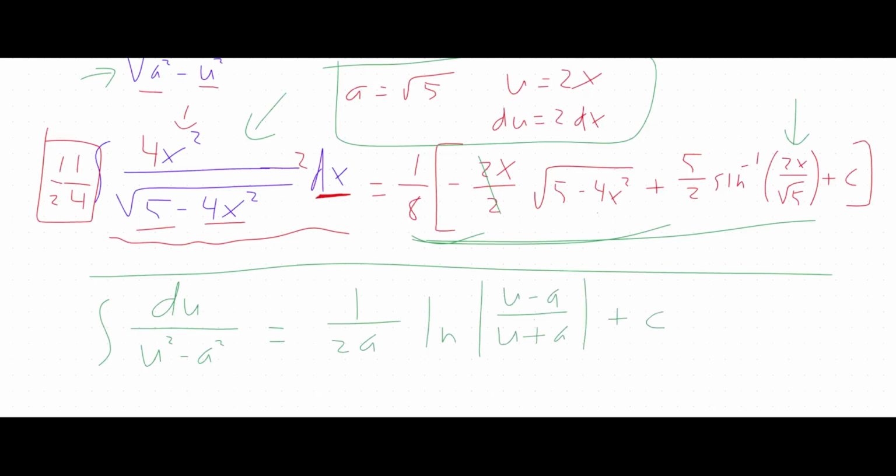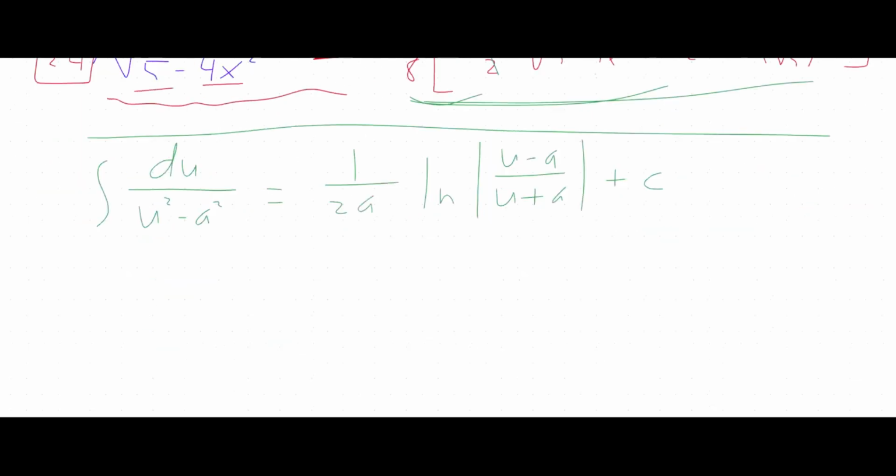This is another one that's fairly easy to verify. Do your trig substitution with your u equaling a secant of theta, or secant x, whatever you want to call it.